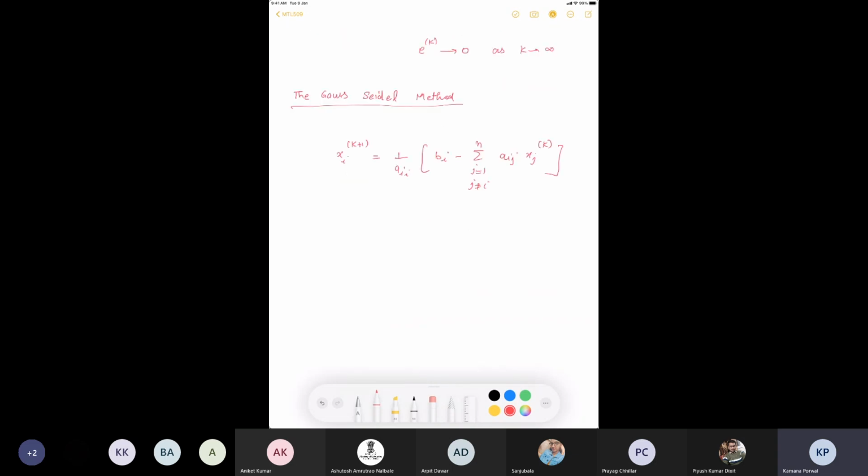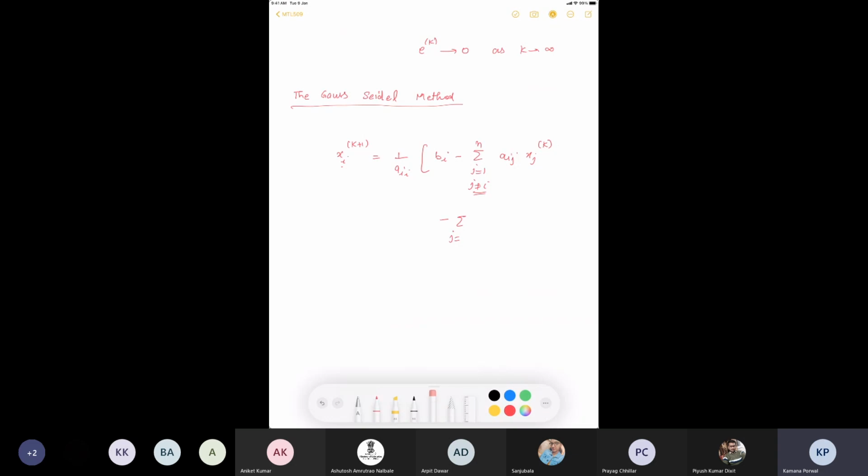So let me just break this sum into 2 parts. I'm going to break it up at the indices: up to i minus 1 and then from i plus 1, because j equal to i is anyway not here.